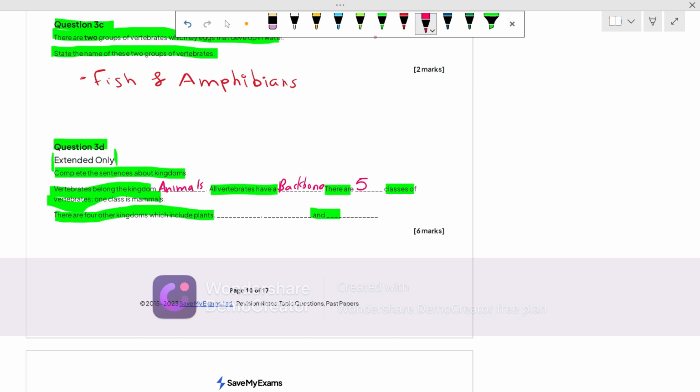One class is mammals. Others are fish, amphibians, reptiles, and birds. There are 4 other kingdoms which include plants, fungi, protists, and last but not least, prokaryotes.